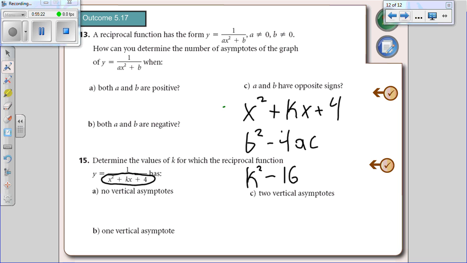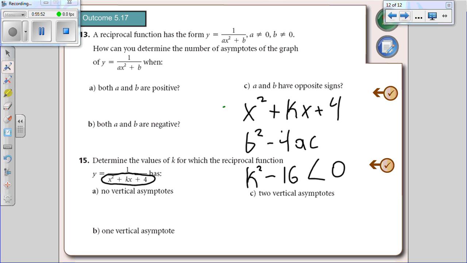If I get a k value that would make this less than 0, then we're good, that would have no vertical asymptotes. You're going to add 16 to both sides, and you get k squared less than 16.